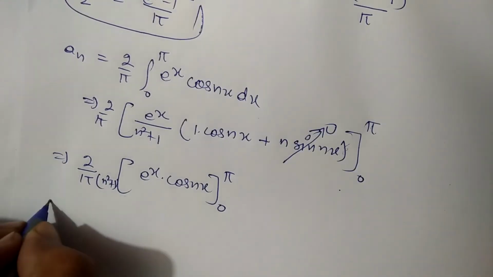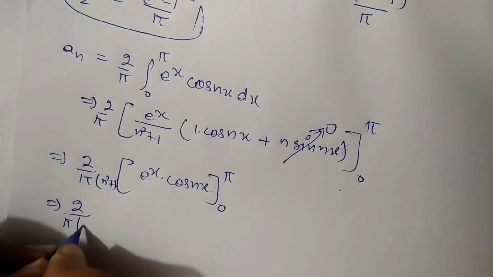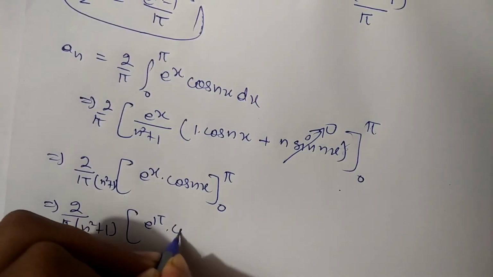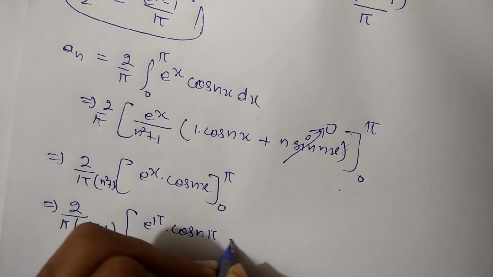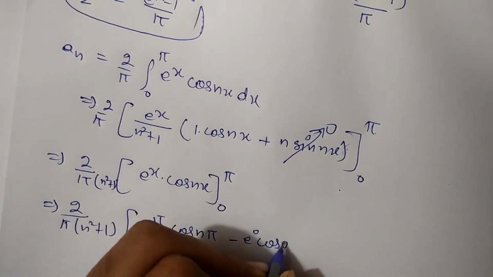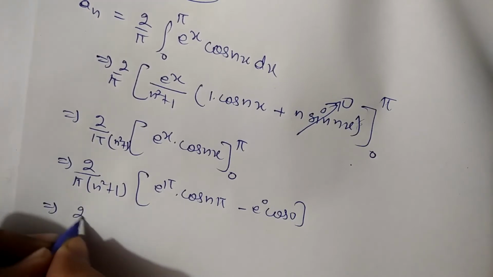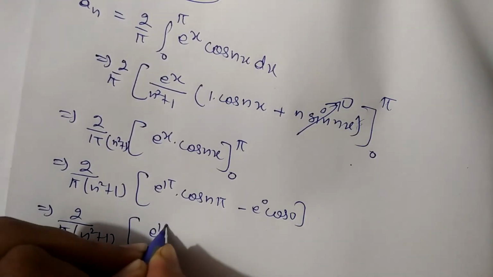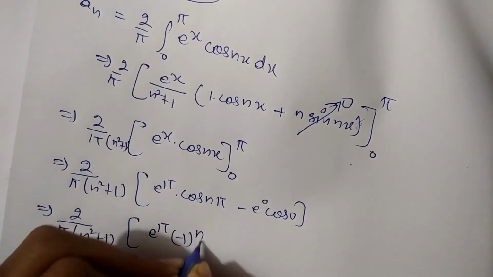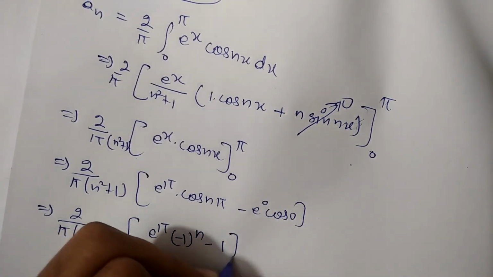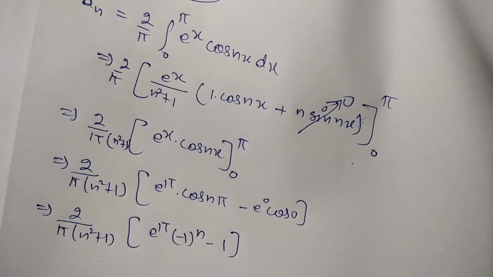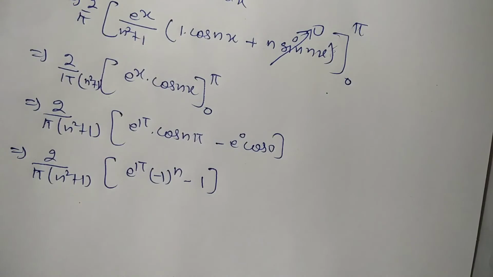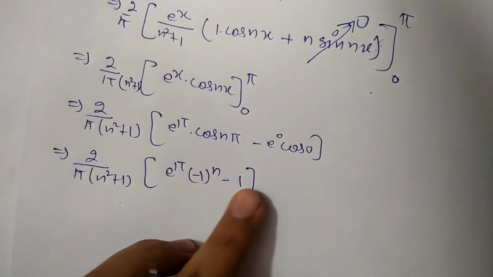We get 2 by pi into (n square plus 1) inside e^pi cos n pi minus e^0 cos 0. So its value will be 2 by pi into (n square plus 1) into (e^pi (minus 1)^n minus 1). So this will be the value of an.